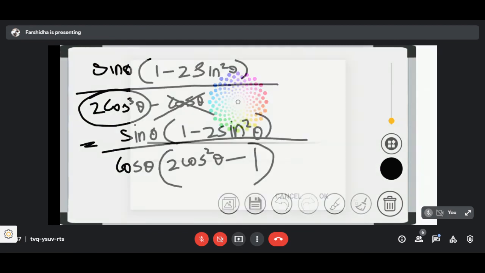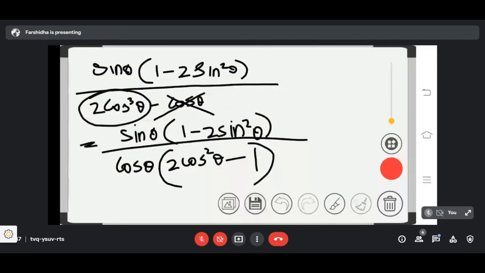Okay, next step will be changing this sine square theta. From identity number 1, we know that sine square theta is equal to 1 minus cos square theta, right? So I'm going to replace this sine square theta as 1 minus cos square theta in the next step.